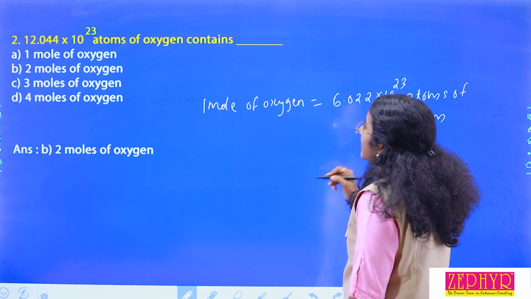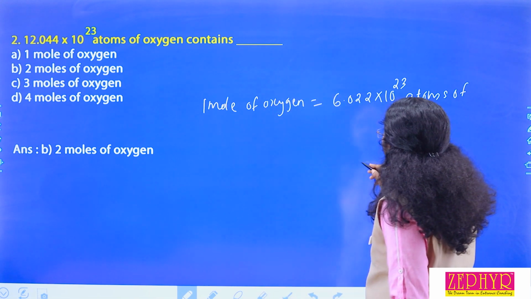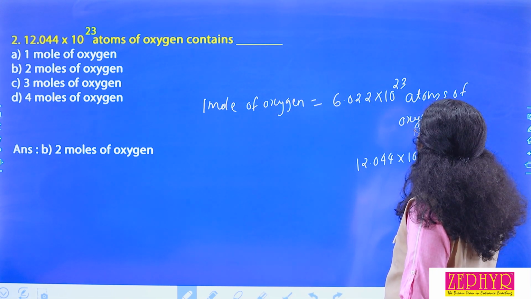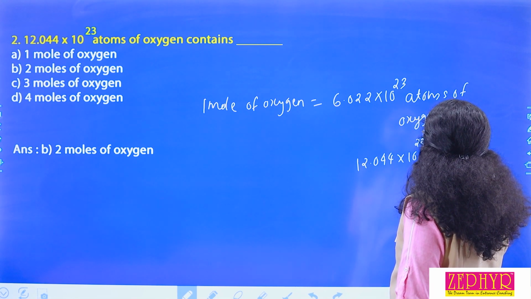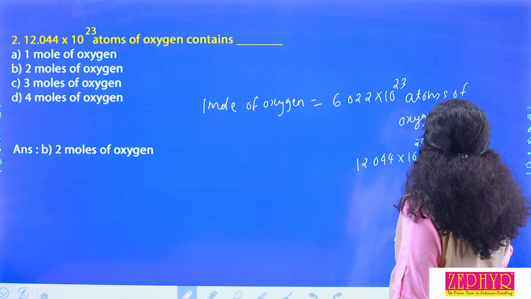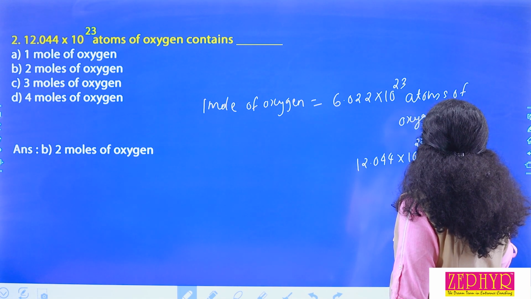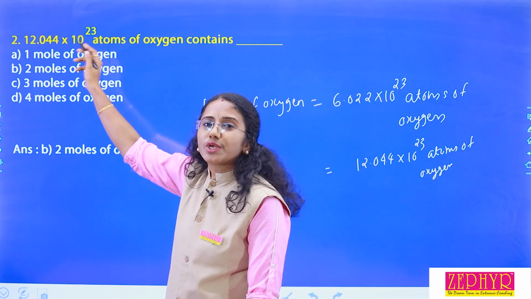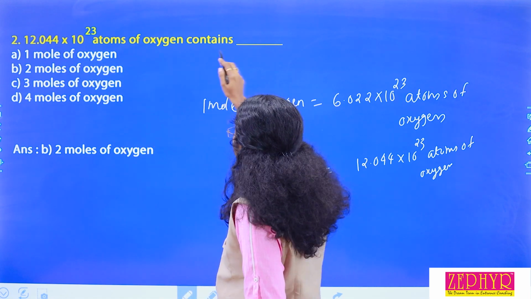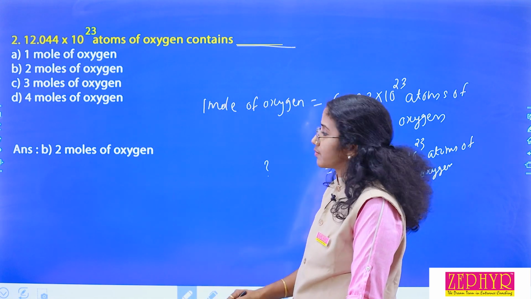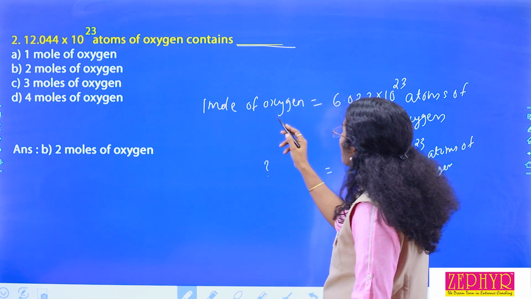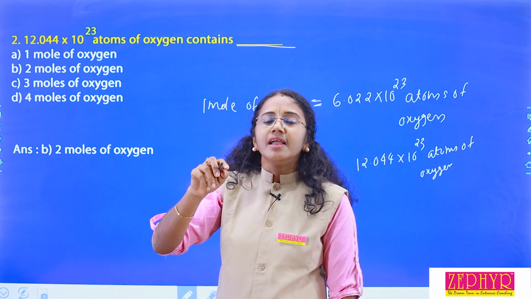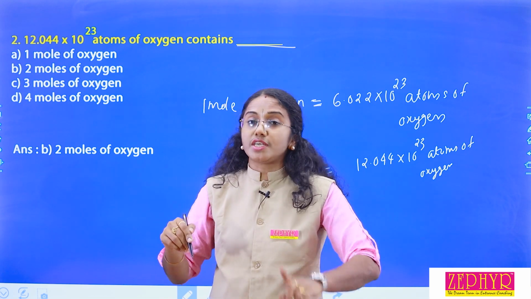Here, 12.044 × 10^23 atoms of oxygen equal to what? That is the question. We know that 6.022 × 10^23 atoms of oxygen is equal to 1 mole.